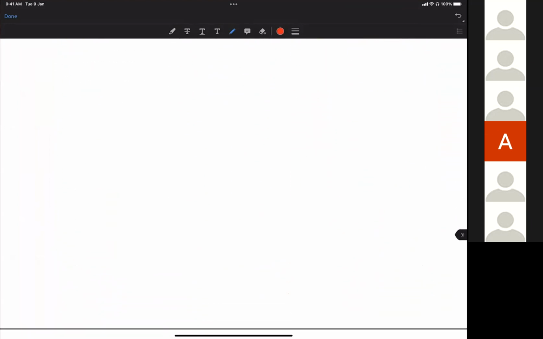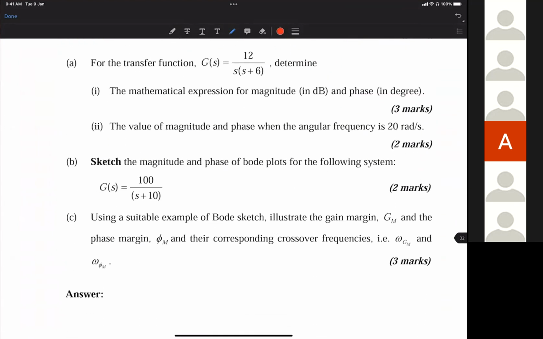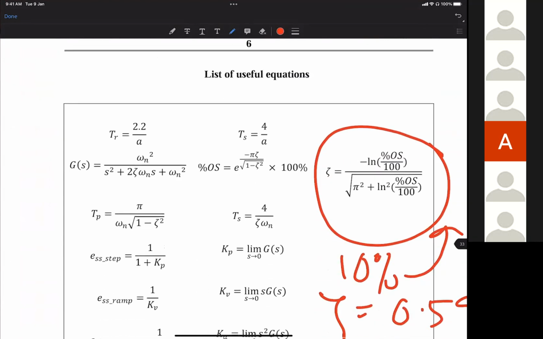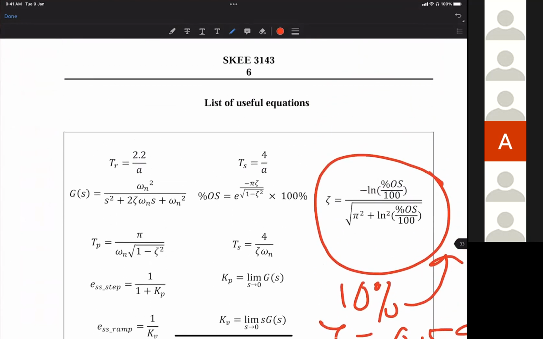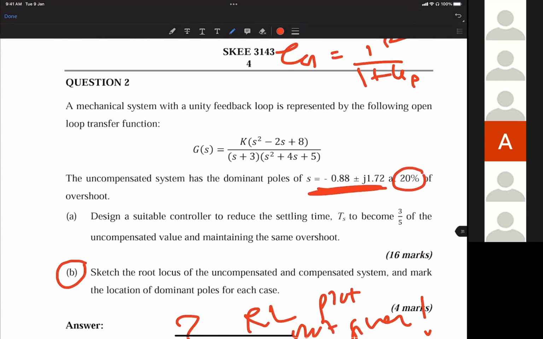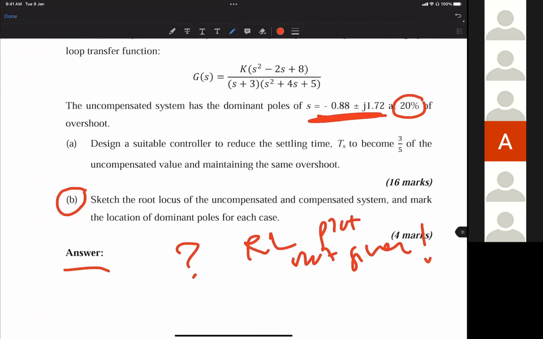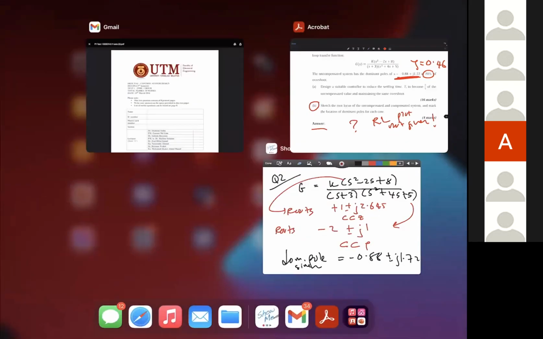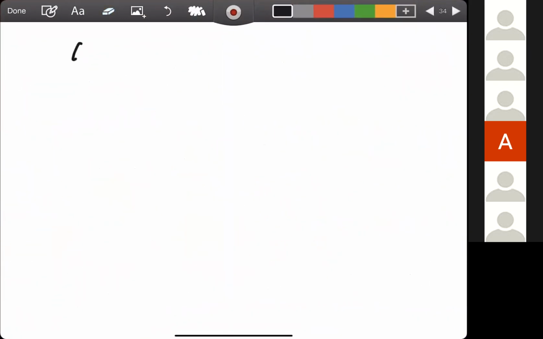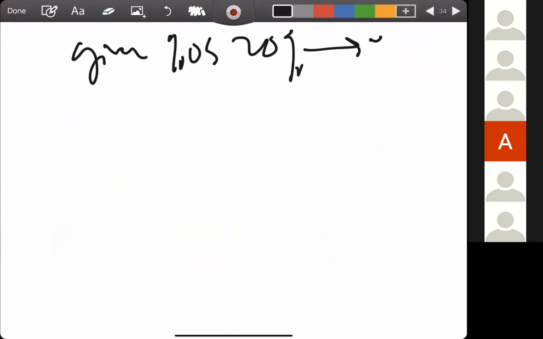With 20% overshoot, what is the zeta value? About 0.46. Okay. Zeta is 0.46.